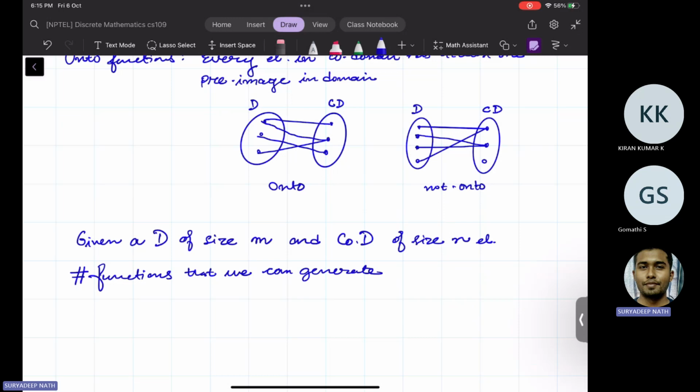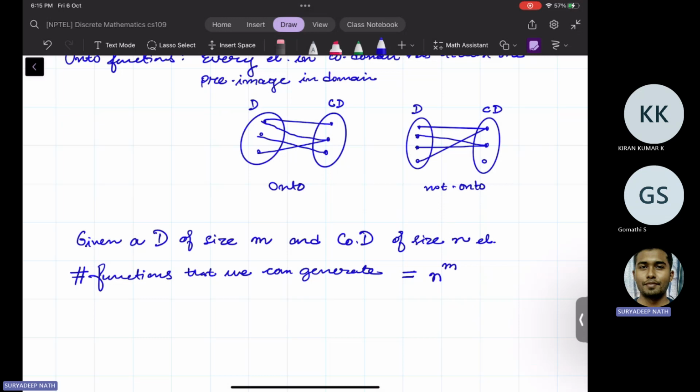How many total possible mappings can there be? Can anyone recall the formula? It is actually n to the power m.